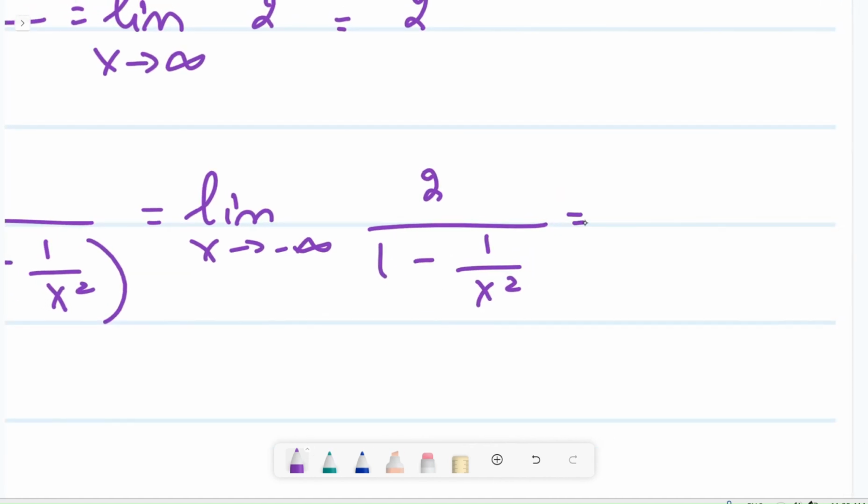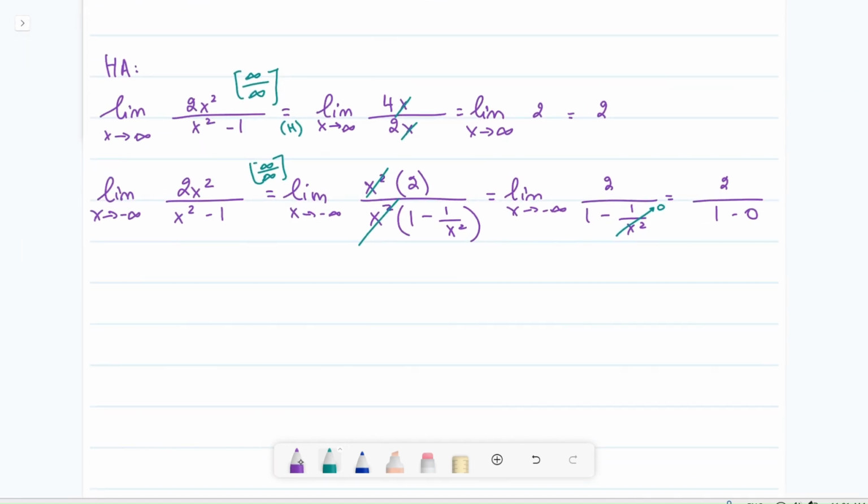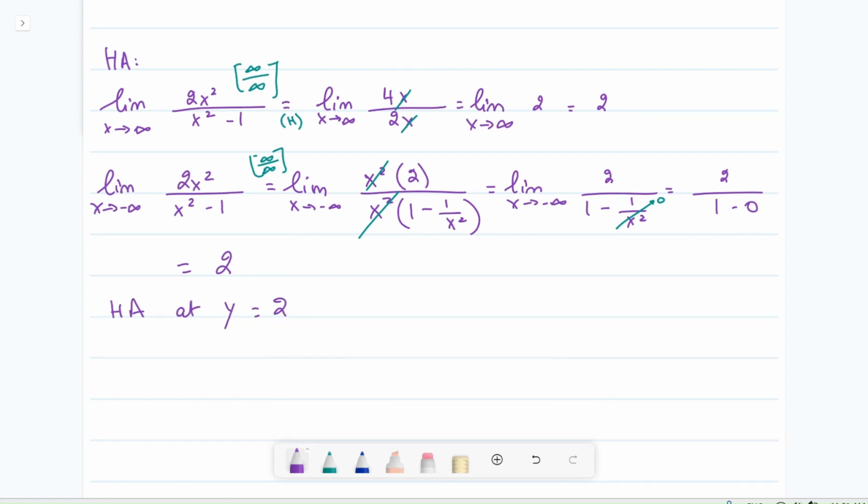And so if we plug in, we get 2 divided by 1 minus 0, because 1 divided by x squared, so 1 divided by infinity, this approaches 0. So 2 divided by 1 minus 0 is 2, and this is our answer. So this means that we have a horizontal asymptote at y equals 2.